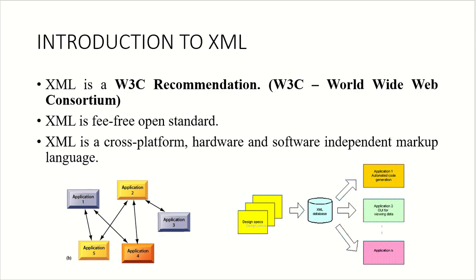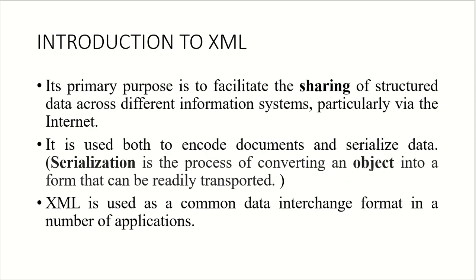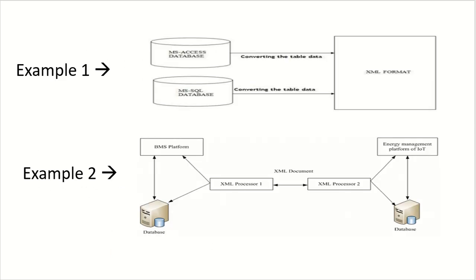The XML is recommended by W3C and is open source, fee-free open standard. XML is a cross-platform hardware and software independent markup language. Then the primary purpose to develop XML was to share the structured data across the different platforms.